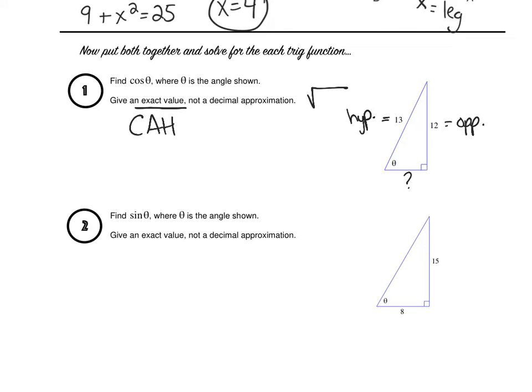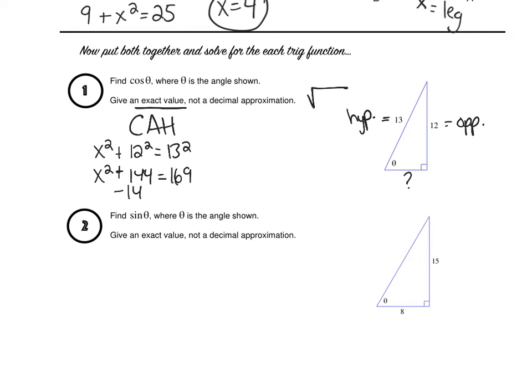So first, we're going to do the Pythagorean theorem. So we've got x squared plus 12 squared is equal to 13 squared. So 12 squared is 144. So we've got x squared plus 144 is equal to 169.